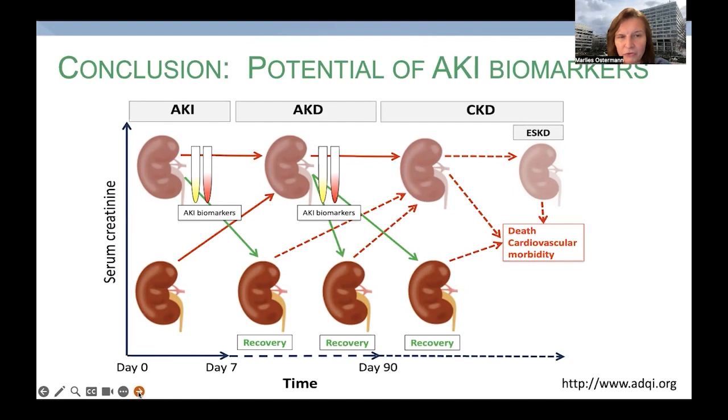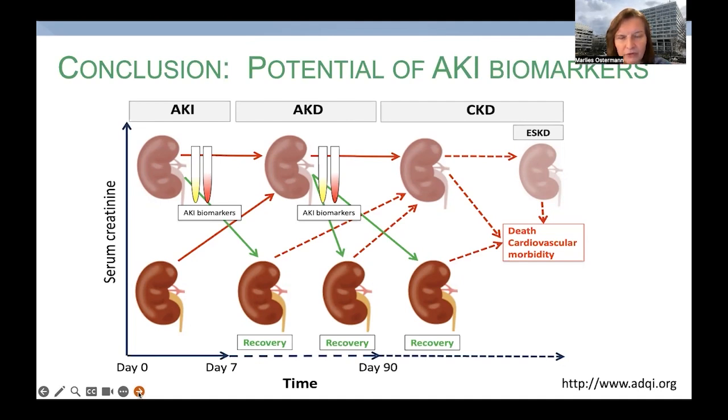So I hope I've convinced you that much more work is required to identify subphenotypes of acute kidney injury, to diagnose acute kidney injury earlier, and to describe acute kidney disease better.